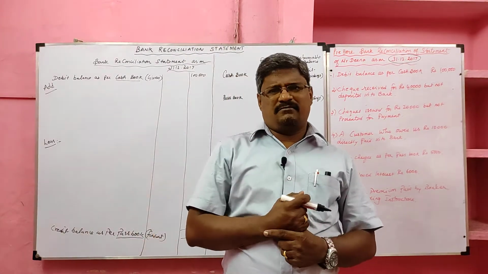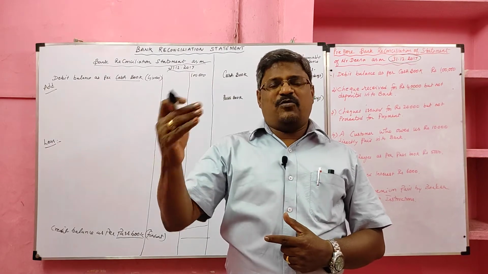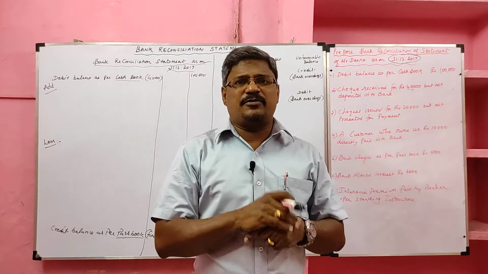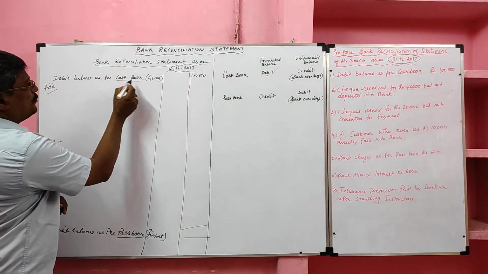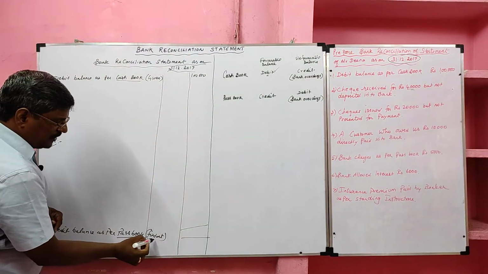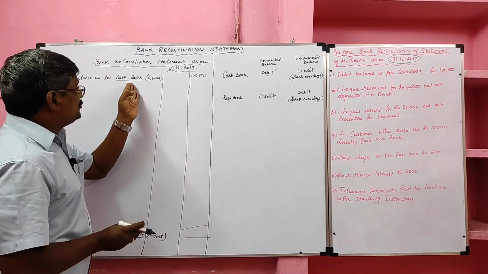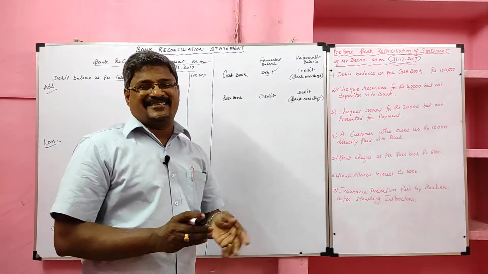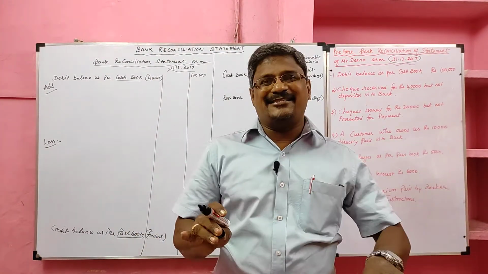What did they do? It was added in the cash book. Now what are we supposed to do? Look at the problem. Cash book balance is given. We have to find what? Passbook balance. So whatever they did in the cash book, we should cancel it.